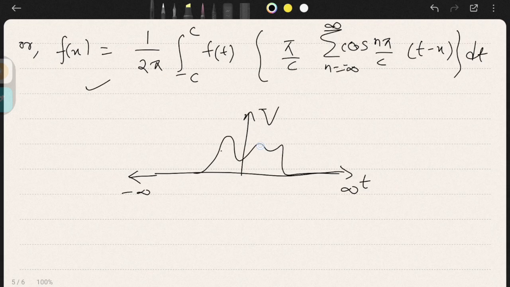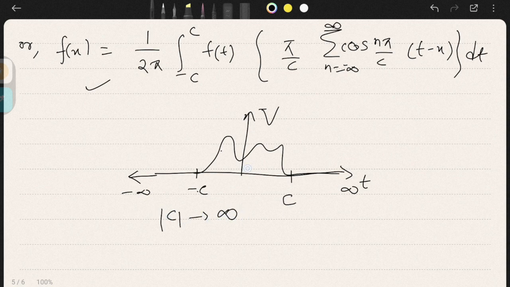Here this is minus c, this is c. So this function is nonzero only from minus c to c. Let's make the magnitude of c tend to infinity.